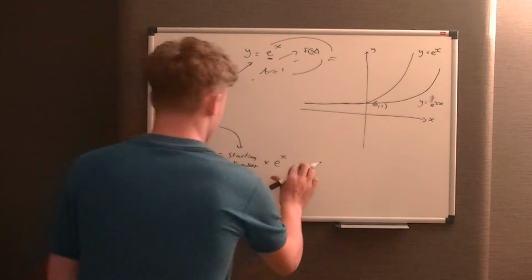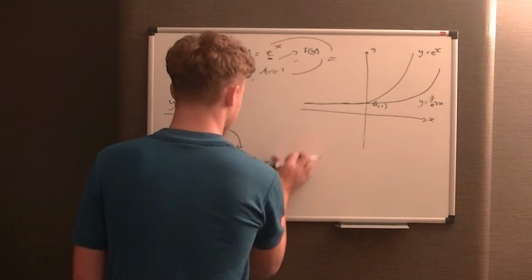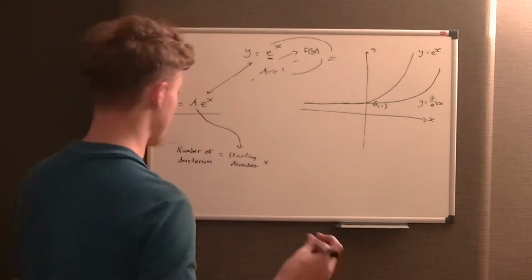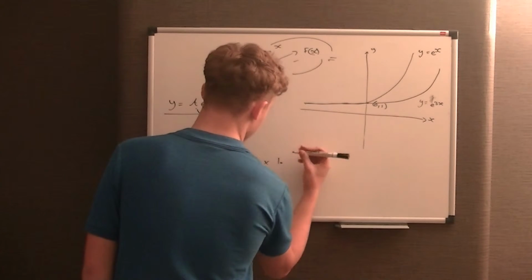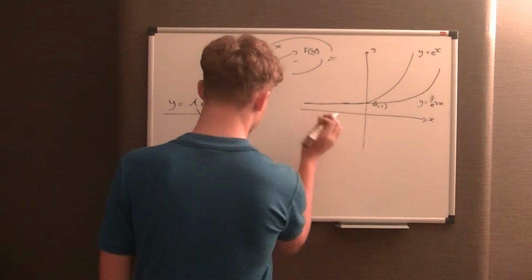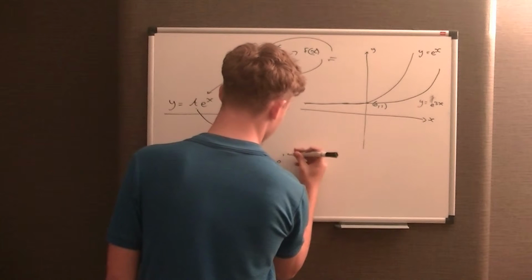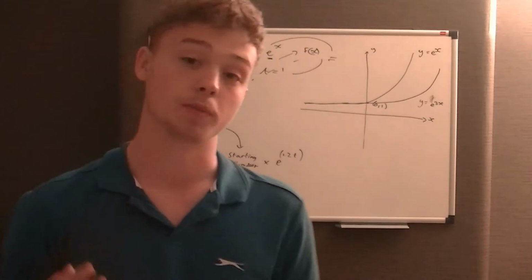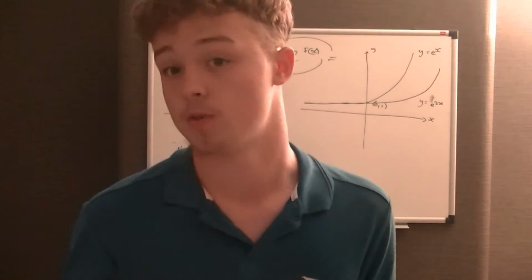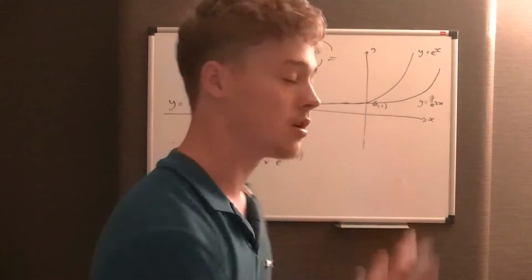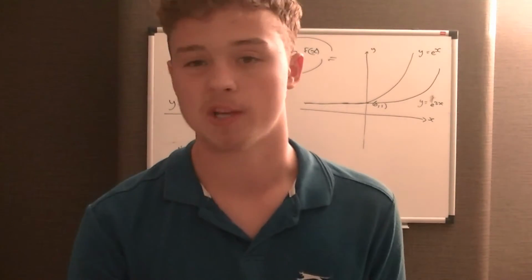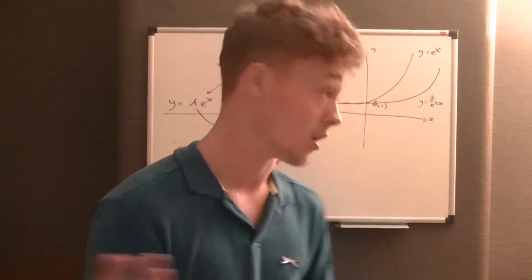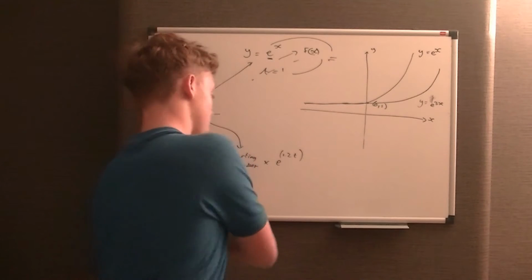So instead of e to the power x, that was just an exponential function, it could be e to the power 1.2t. That means starting number times exponential to the power of 1.2 times whatever the time is. And obviously it might not be 1.2 times t, it might be 2.4 times t or 1 plus 2t, but you get the idea.